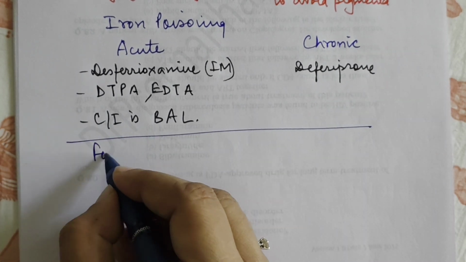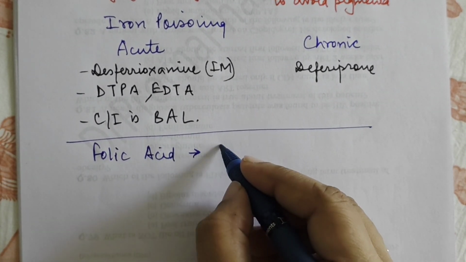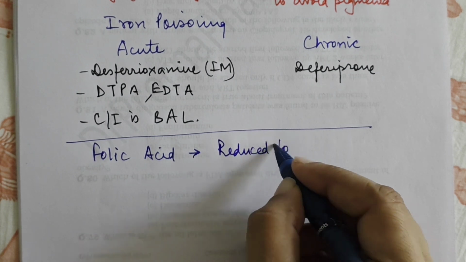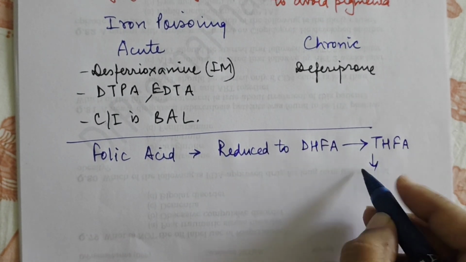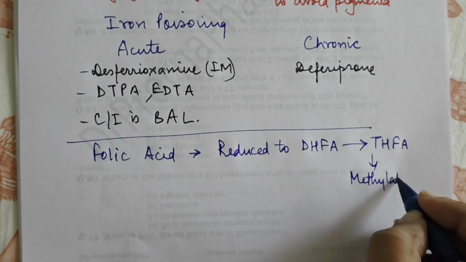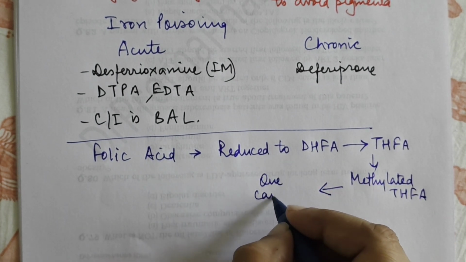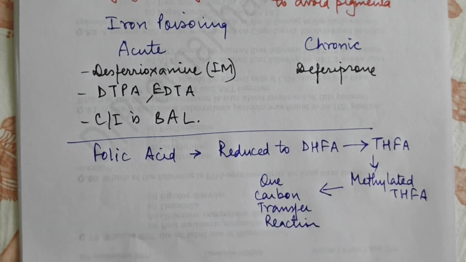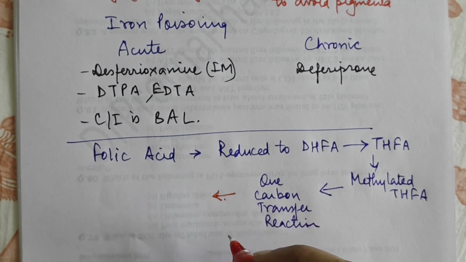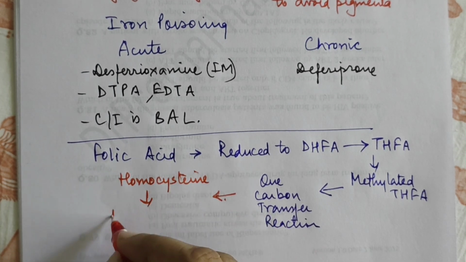Then next we take folic acid. Now folic acid is basically in the body, it is reduced to dihydrofolate, then it is reduced to tetrahydrofolate, and this is then methylated tetrahydrofolate, which is then used in many 1-carbon transfer reactions. Okay, and in that one very important is conversion of homocysteine to methionine.